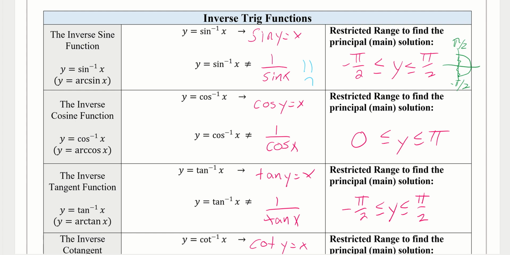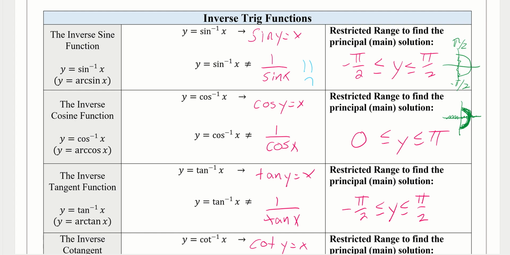Whereas cosine, right, so maybe don't draw this part of it, but if I did the same restriction for cosine, do I get both the positive and the negative side of cosine? And the answer is no. If I drew it over here, I only get the positive cosines. Well, I want both of them.